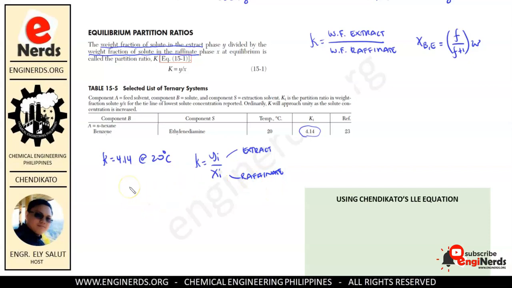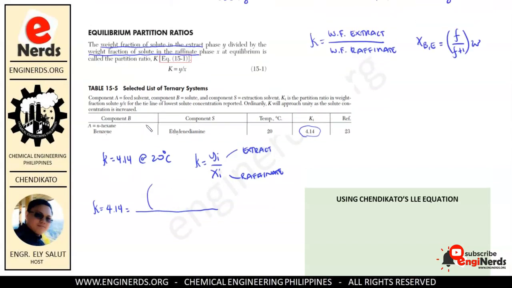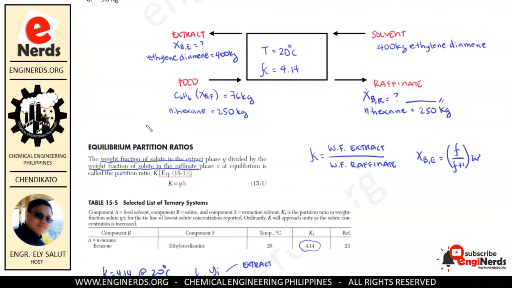So, let us do the calculation now. We have here K, which is equal to 4.14, is equal to the mass fraction in our extract. So, what is the mass fraction in our extract? We have here XBE over XBE plus our extract solvent, which is 400.